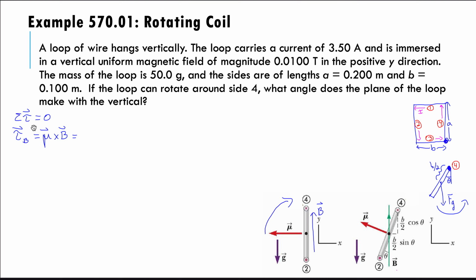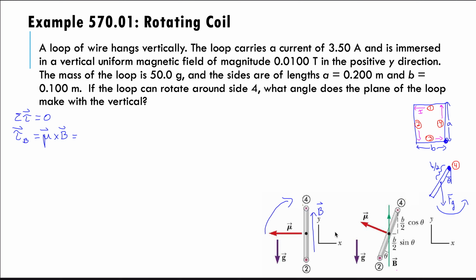First, the torque due to the magnetic force, which is mu cross B. Remember that torque has a direction, so let's find the direction of this torque. We're going to use right-hand rule number 1, right? The cross product is putting your fingers in the direction of the first vector and then folding in the direction of the second vector, which would be folding upwards, and you'll see that your thumb is pointing into the page.